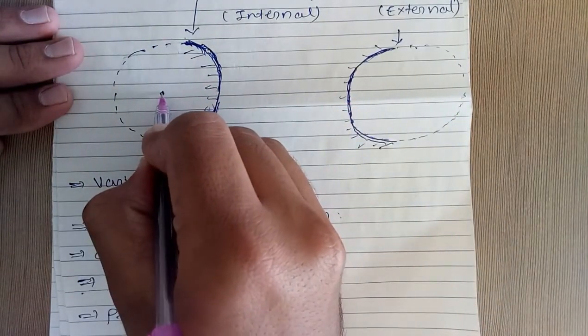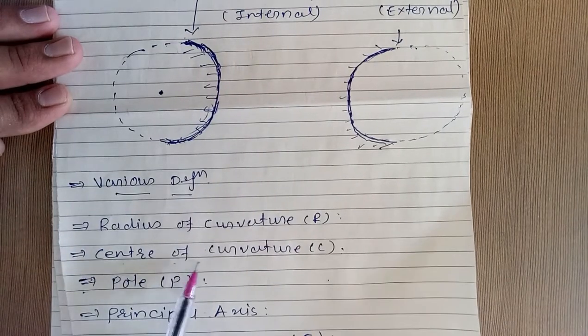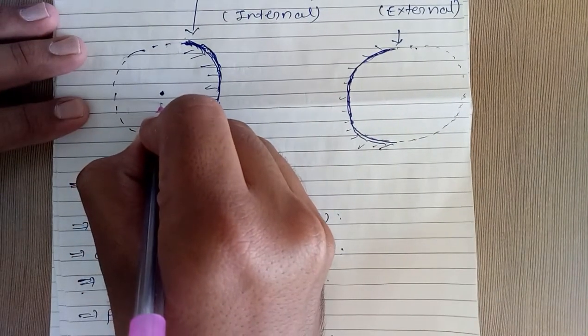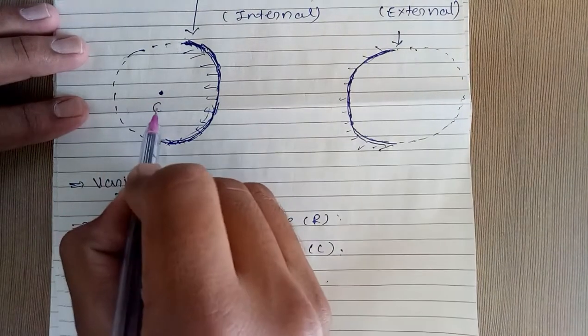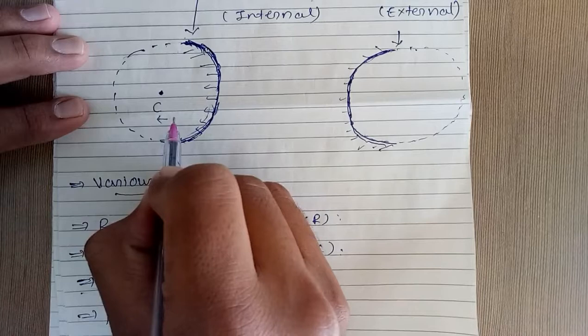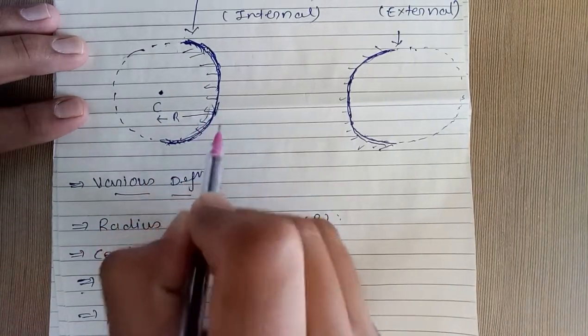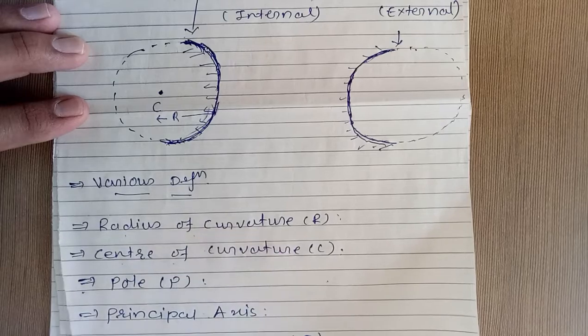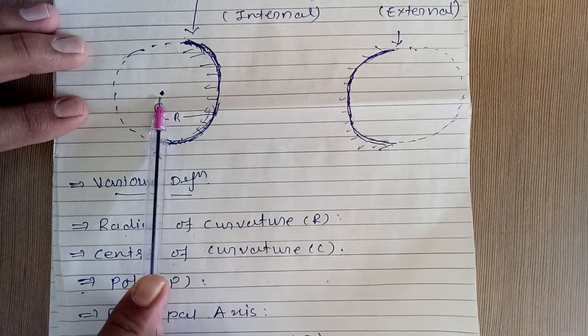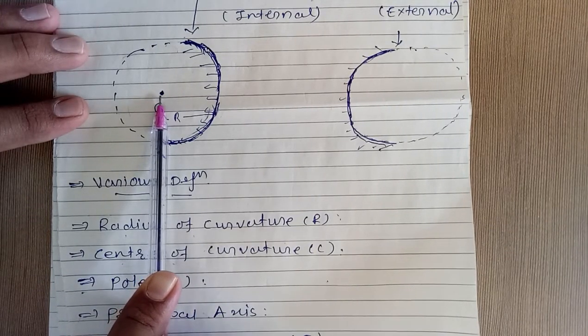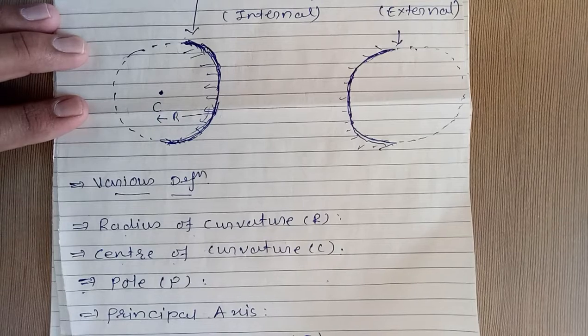We denote this point by capital C, which is the center of curvature. This is the radius of the spherical shell, capital R, which is known as the radius of curvature.